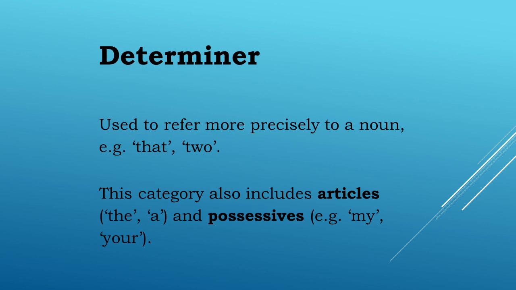Then we have determiners. Determiners are little words that are used to refer more precisely to a noun. For example, that or two, that man, two men. This category also includes articles, the definite article, which in English is the, and the indefinite article, which is a or an.